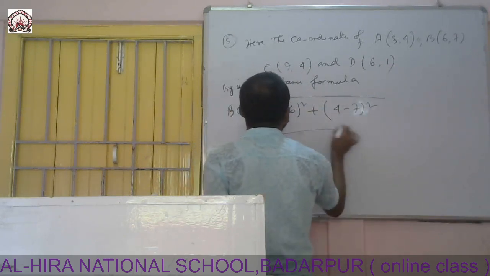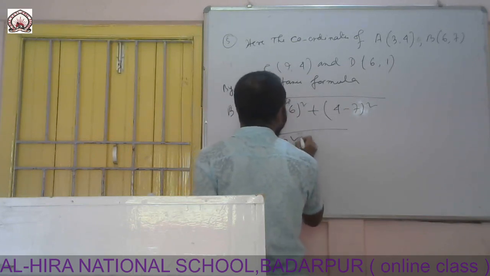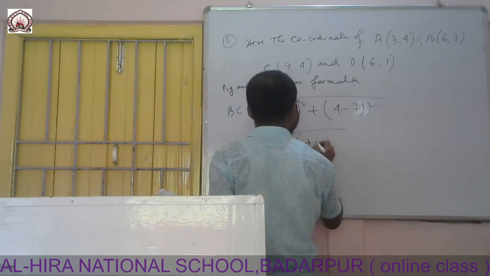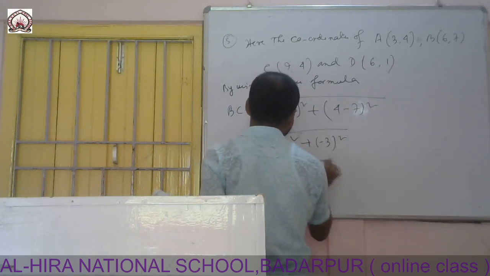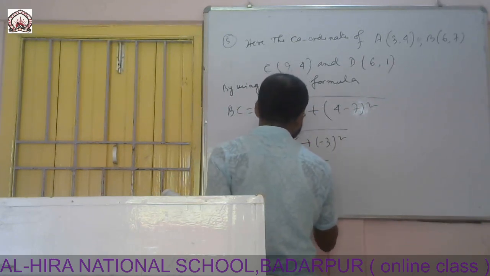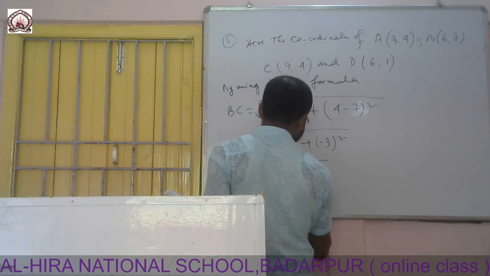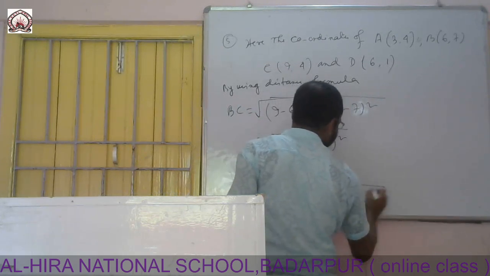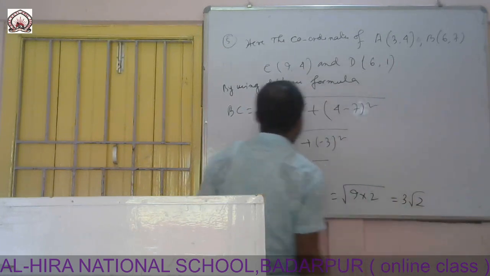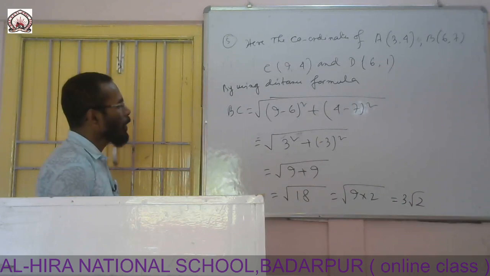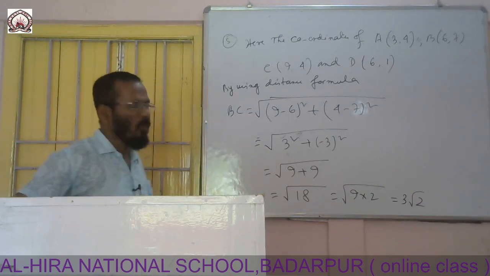This is 9 minus 6 is 3 square, 4 minus 7 is minus 3 whole square, and minus 3 square is again plus 9. So we are getting 9 plus 9 is 18, and 18 is 9 into 2. So it is again 3 root 2. So AB and BC are 3 root 2, 3 root 2.